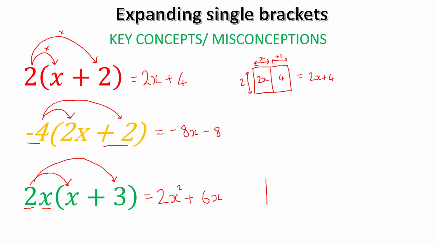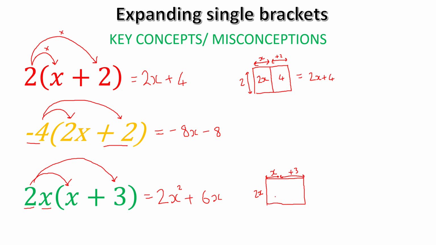And one more time, so you understand why this works and it's not just a method. So we've got a length here called 2x, and this length here is x, and that's plus 3. So imagine that's plus 3 in length, and that length is x. So it's like finding the area of this big rectangle.